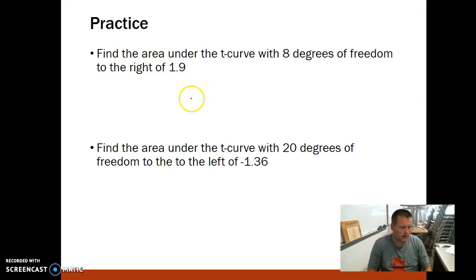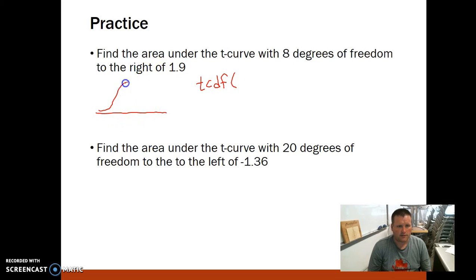For this one, we do TCDF, and then we go to our lower bound. So if we're going to the right of 1.9, and you can draw this. I know it's a little bit different, but you can draw it like a normal curve, with it standardized. Zero's right there, 1.9, and we want to the right.